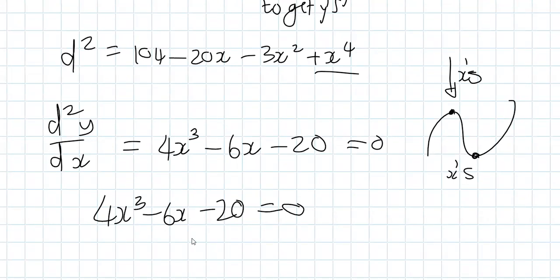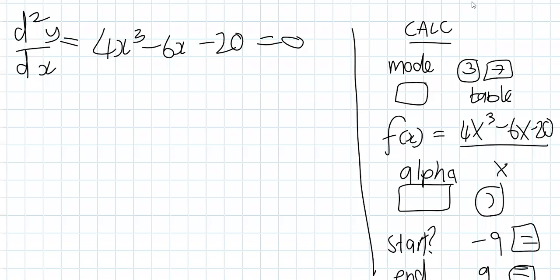Is the method I like to use, I'm just going to grab my calculator. Right, so just a quick calculator work. So you press mode on your calculator, and it's either number 3 or number 7, depending on which calculator you're using. And then you choose table as your option. You'll get this f of x equals something, and you add it in.